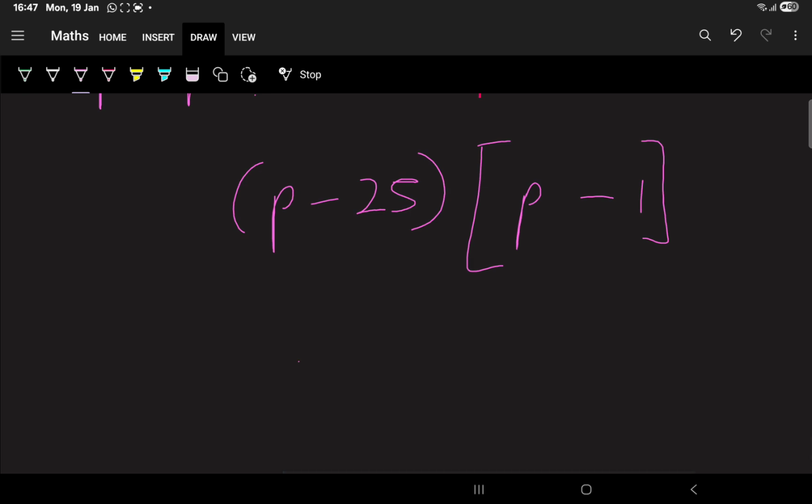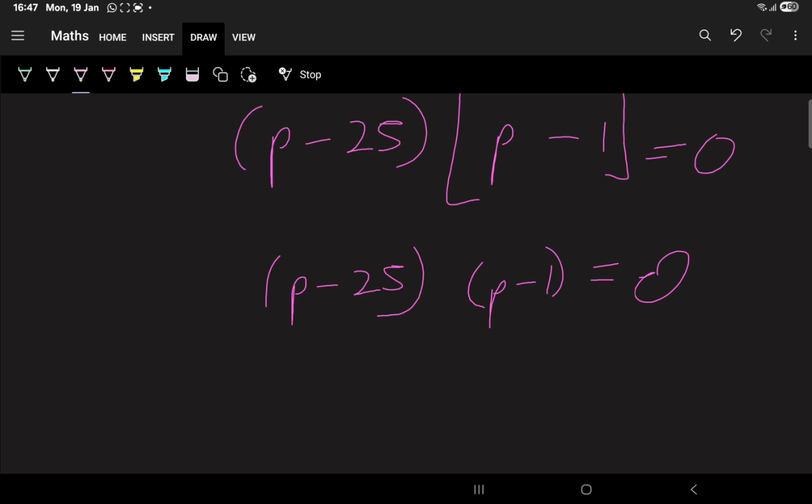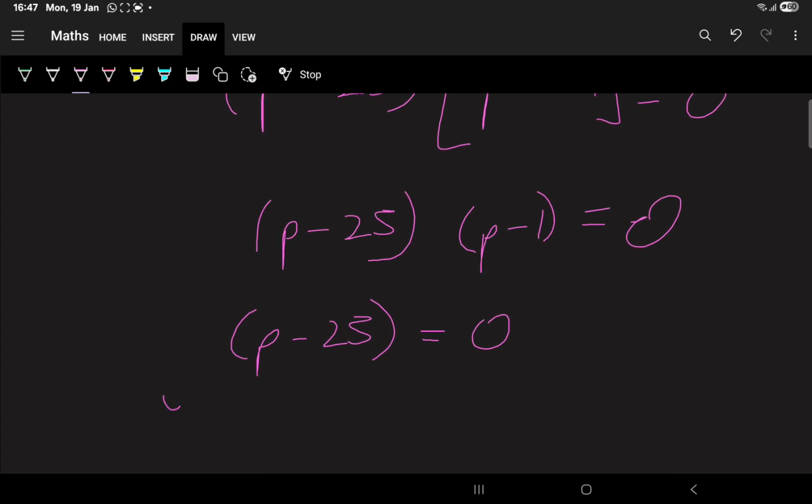So my two factors are p minus 25 and p minus 1, and this equals 0. Therefore, p minus 25 equals 0, or p minus 1 equals 0.